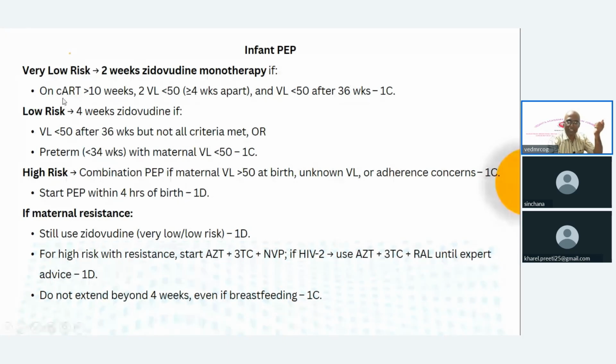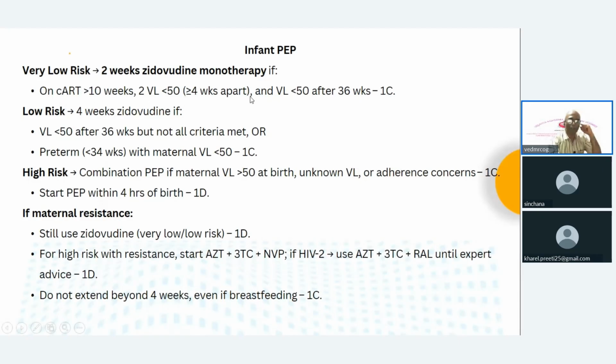Now, second category is a low risk baby. This low risk baby will require zidovudine monotherapy, but it is for 4 weeks. Now, which are these low risk babies? Here, maternal viral load is less than 50 at 36 weeks of gestation, but all 3 criteria are not satisfied. I hope this is clear.